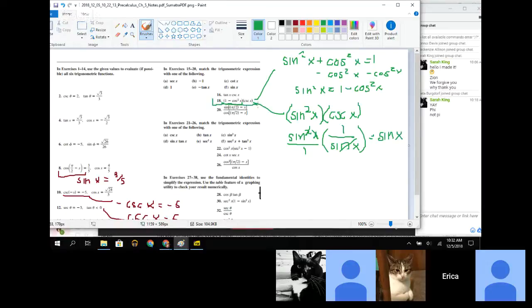So this number 18 could actually be written just as the sine of x if you reduce it down. Okay, so that's how that works. Does anyone want to see another example of that? Because we're going to be doing a lot more of that.